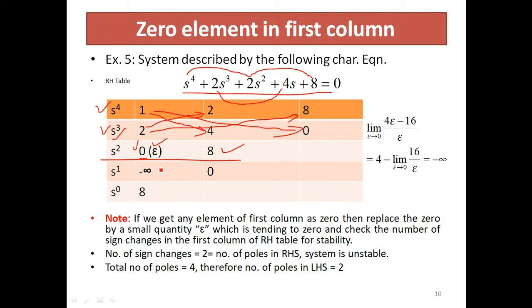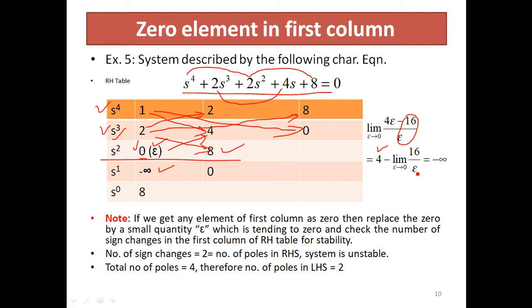Carry on the calculation of the next element, that is (4 epsilon minus 16) divided by epsilon, limit epsilon tends to 0. So 4 epsilon divided by epsilon gives 4, minus the limit as epsilon tends to 0 of 16 divided by epsilon.